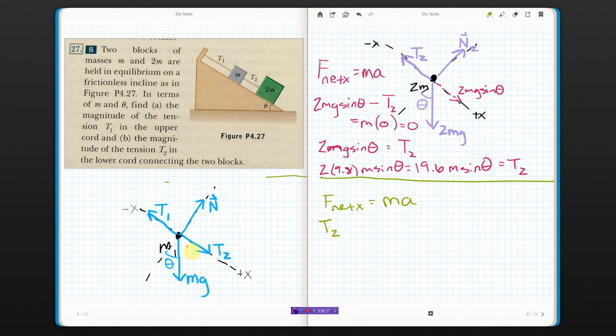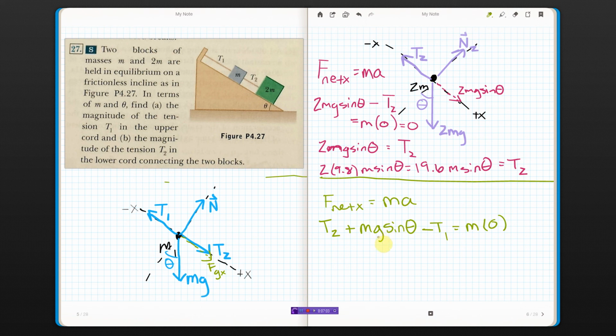We've got the x component of gravity pulling down the slope, and it's going to be mg sine theta. Only mg this time instead of 2mg because the mass is only m, not 2m. Then up the slope I've got T1, and that all equals mass times acceleration, which again is 0 because it's going to stay at rest.